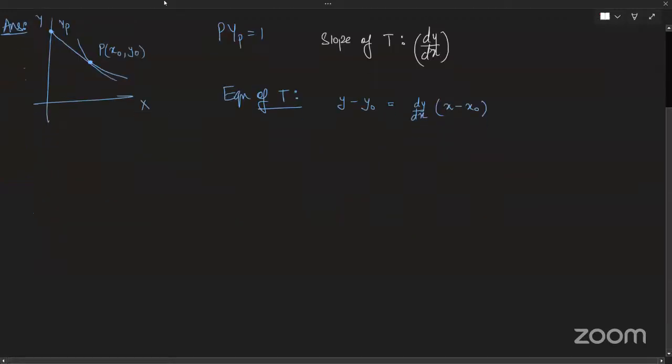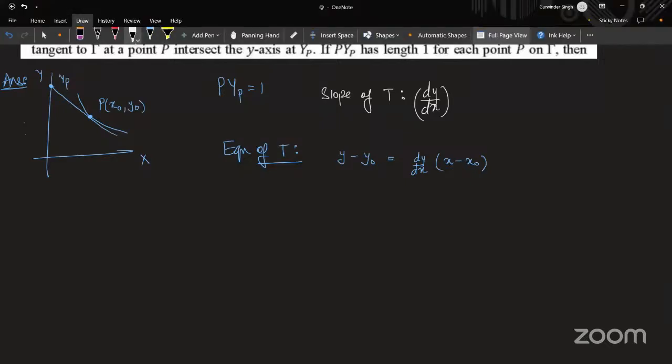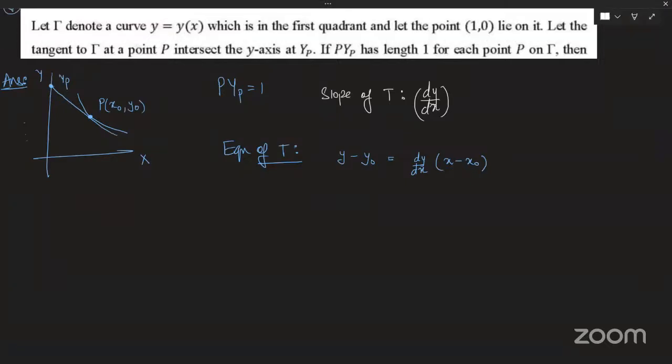Now I need to calculate where my tangent is intersecting the y-axis. Can you tell me what will be the x coordinate at that point? What will be the x coordinate when it is intersecting the y-axis? 0.